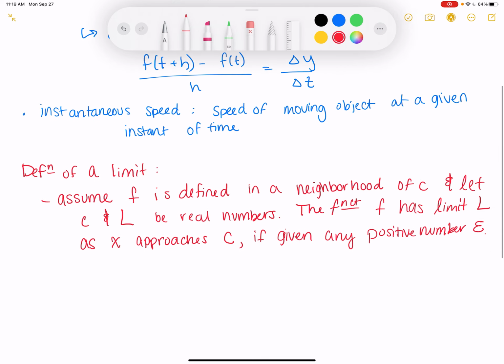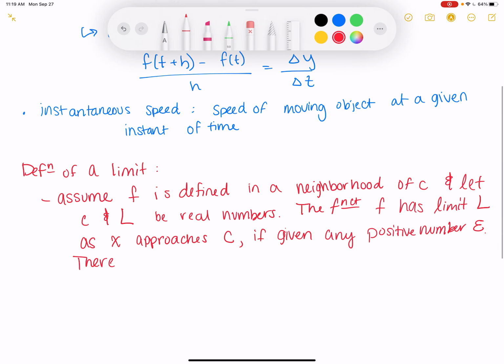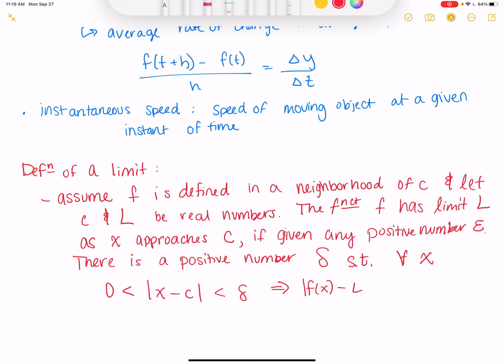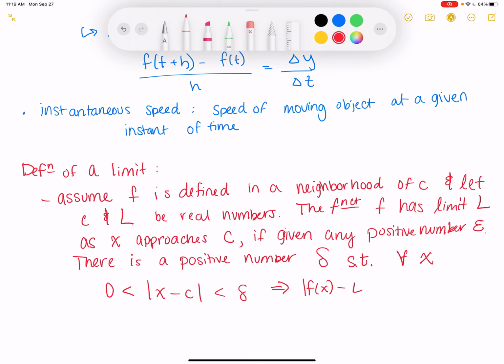It's the definition of a limit. There is a positive number delta such that for all x, 0 is less than the absolute value of x minus c is less than delta, implies f of x minus L is less than epsilon.